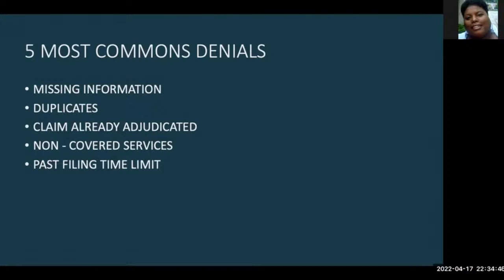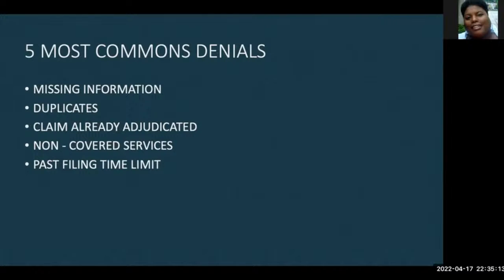And it'll knock the first claim out of the system or into limbo somewhere, and the first claim will never get paid, and you'll be waiting, trying to figure out, why is this claim not getting paid? Or why am I getting a duplicate? They should have got the first claim. Why didn't they pay the first claim? So duplicate claims are always something that you should check your portal on and or call if you need to.